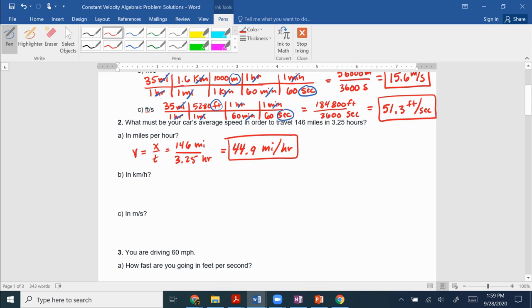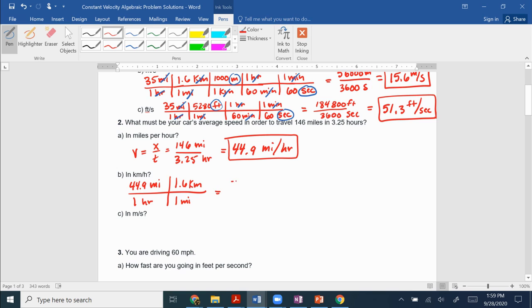Kilometers per hour, so this is basically a repeat of part A, so that's just 44.9 miles in 1 hour. So 1 mile is equal to 1.6 kilometers, and you get 44.9 times 1.6 on the top.